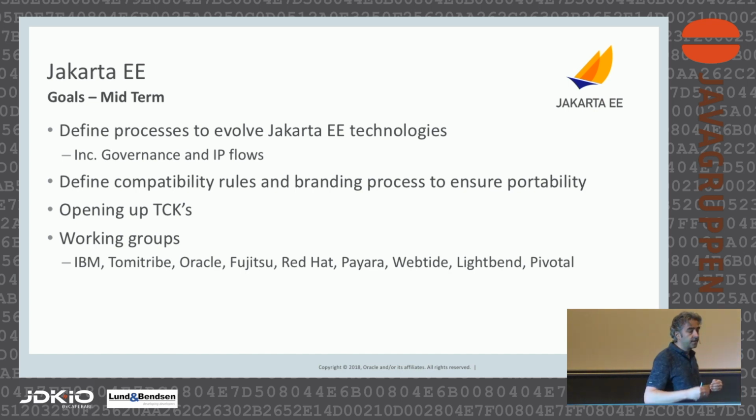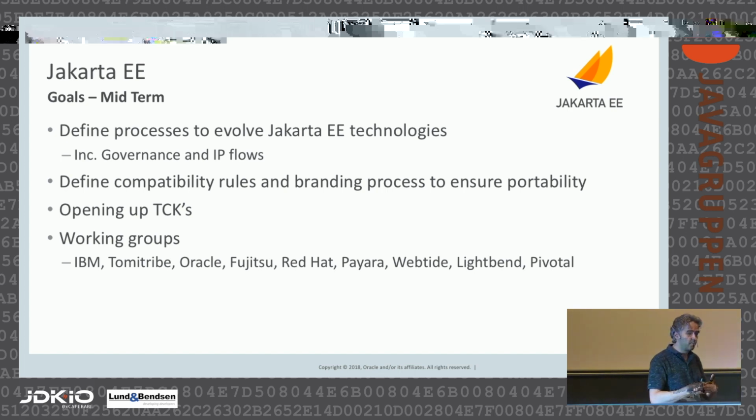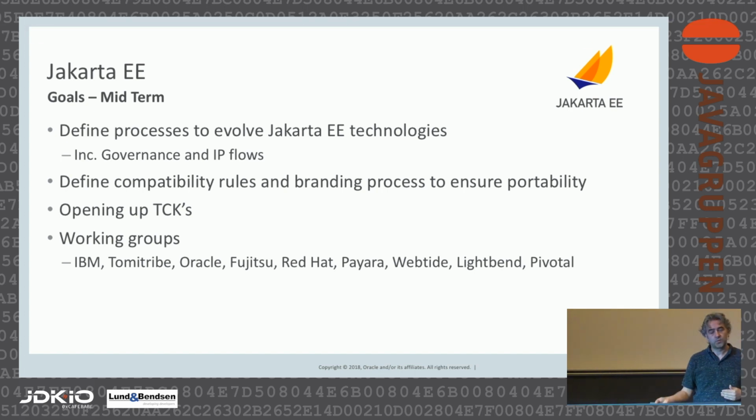We need to define how we will be able to evolve the different APIs and technologies that we have in the platform. And I think there will be a public proposal that will be proposed, I think, this week. So basically, we are not using the JCP anymore to evolve those technologies. So the Eclipse Foundation has had to come up with new rules, new processes to evolve the specification.